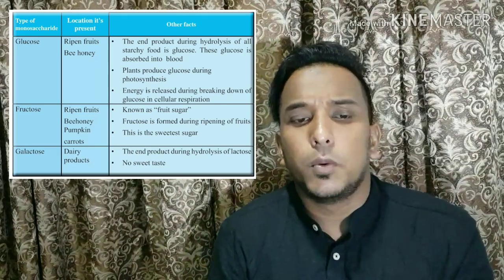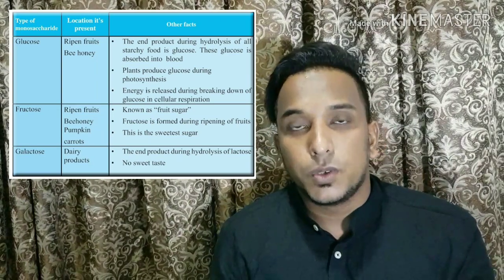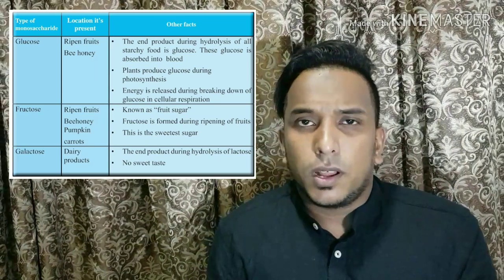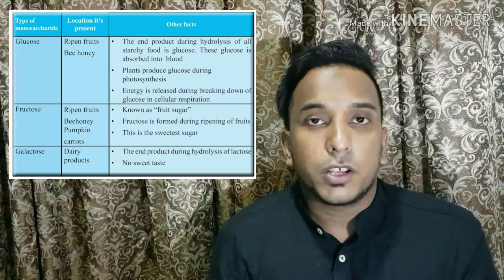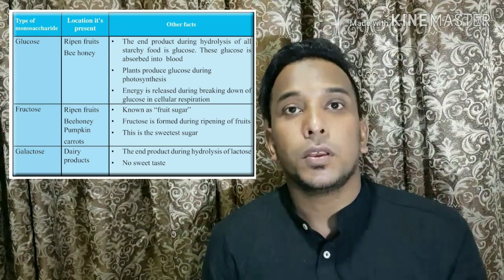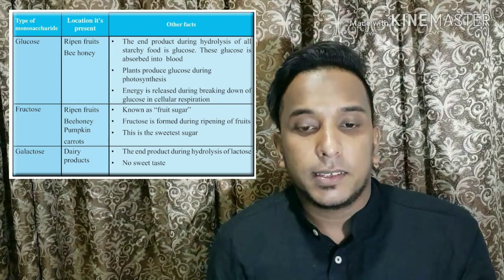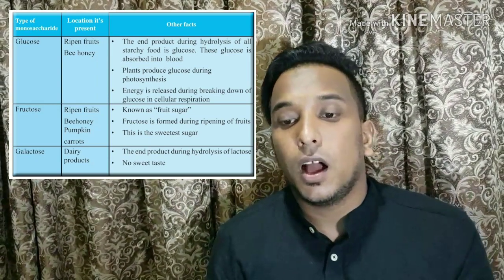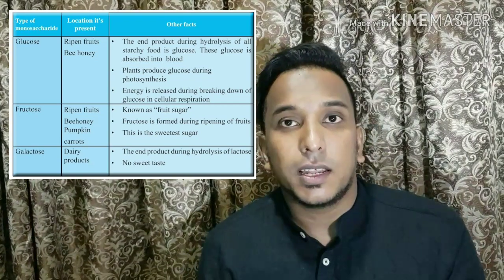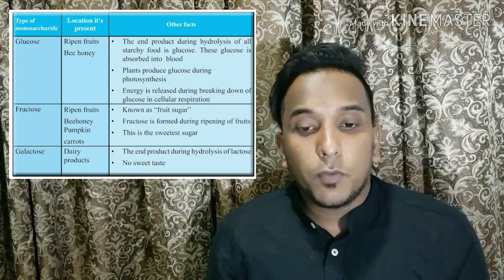And next we'll move on to the third example, which is galactose. Galactose is produced in dairy products. What are the examples of dairy products? You can say yogurt production, curd production, etc. You have studied this in grade 9, chapter number 1. So let's see about galactose, the end product during hydrolysis of lactose. Again, the word hydrolysis, that is where lactose is broken down with the help of water.